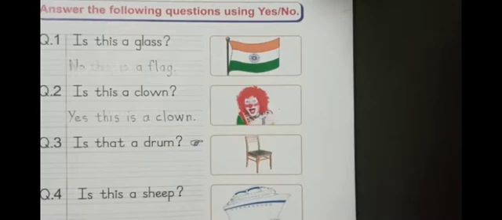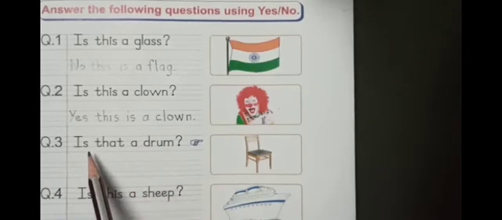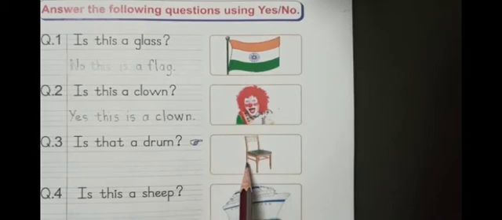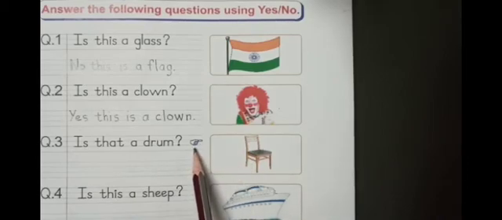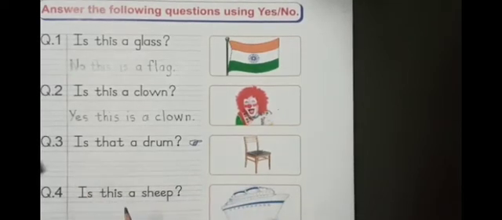Now, the next question, question 3. Is that a drum? Can you see the pointer? It is used for the word that. No, that is a chair. Children, please write along with me.